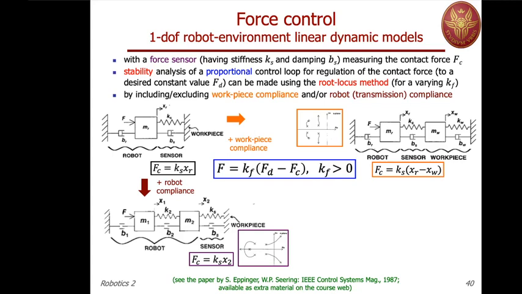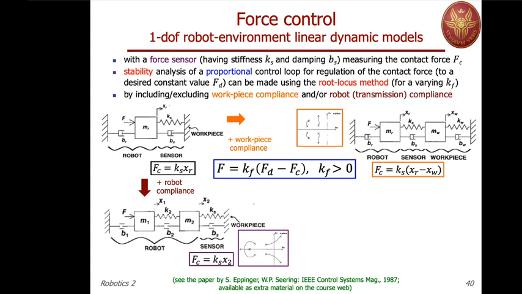So you define new variables x1 and x2. The zero is when you're not compressing the transmission and you're just in contact with the environment, so you're not compressing the sensor either. Now if you push with a force F, you will compress the transmission, so x1 will progress, and you generate a force which is K2 times the difference between x2 and x1. x2 will move as well.